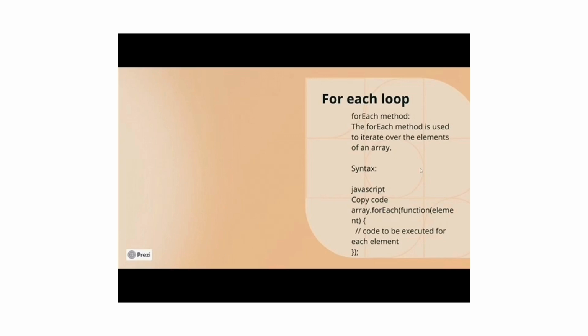It is used to iterate over the elements of an array and execute a provided callback function once for each element. The basic syntax of the for each loop is array dot for each, then function element, and inside that our console log will be executed.